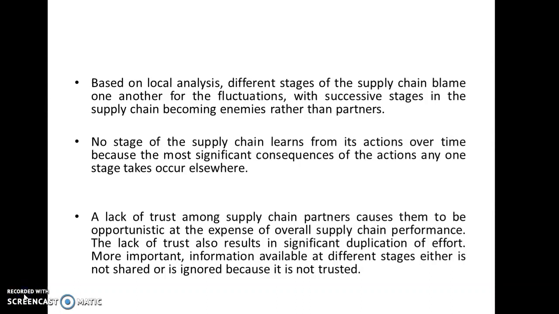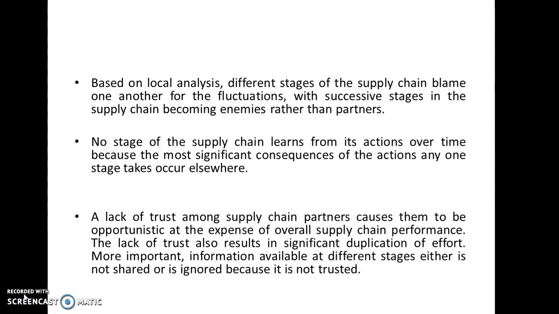Successive stages in the supply chain become enemies rather than partners. That means, based on the local analysis, one stage will blame another for the fluctuation in orders or demand. So the successive stages in the supply chain will become enemies rather than partners.